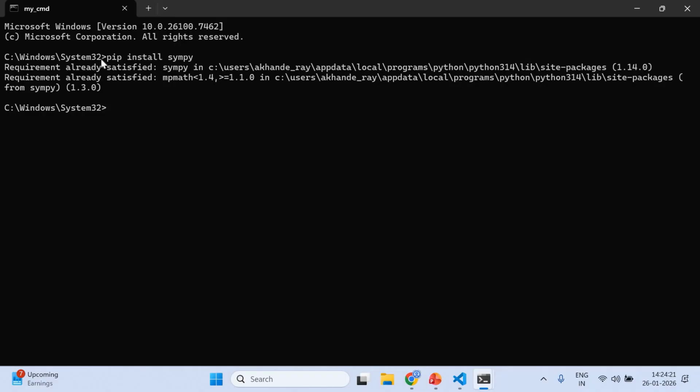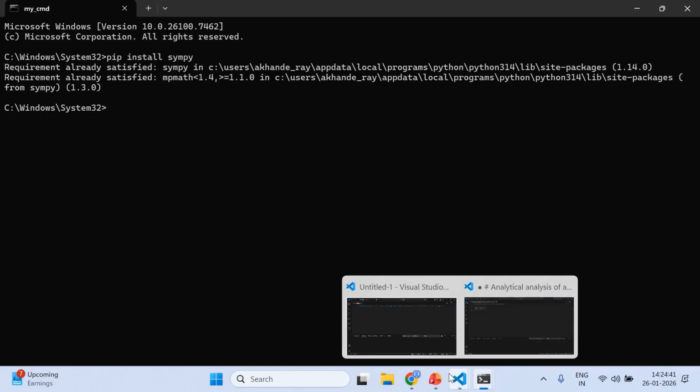If you don't do this, then this pip install may not function properly. So just keep in mind that while installing Python, you are given an option allow pip to access the path environment variable.